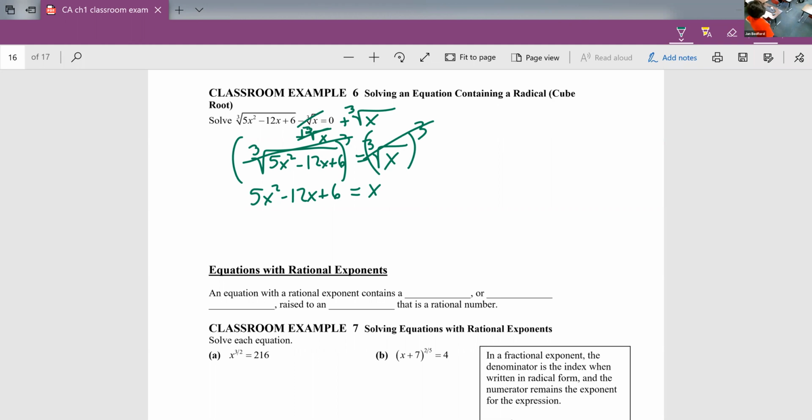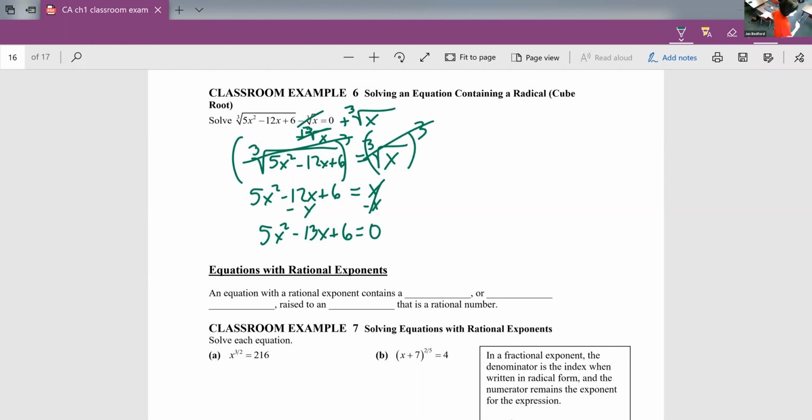Is it quadratic? Yes, because there's an x squared. So what do I want to set it equal to? 0. So to do that, I'm going to subtract x from each side. That means 5x squared, and then what's a negative 12x minus x? And it's negative, isn't it? Minus 13x plus 6 equals 0.